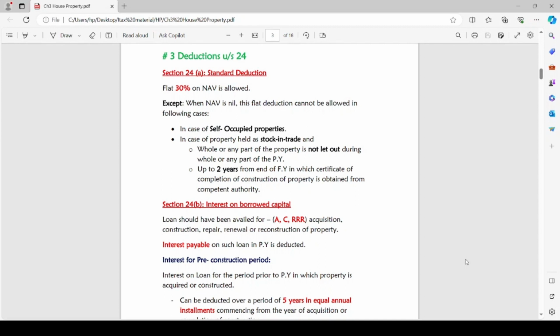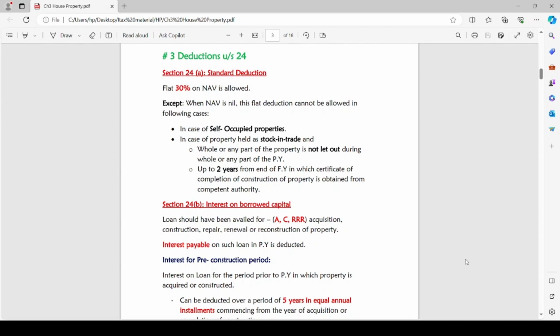For properties which are held as stock in trade and which are not let out during the previous year, the assessee can take net annual value as nil, but it is allowed only up to 2 years from the end of the financial year in which the certificate of completion of construction of property is obtained from the competent authority.